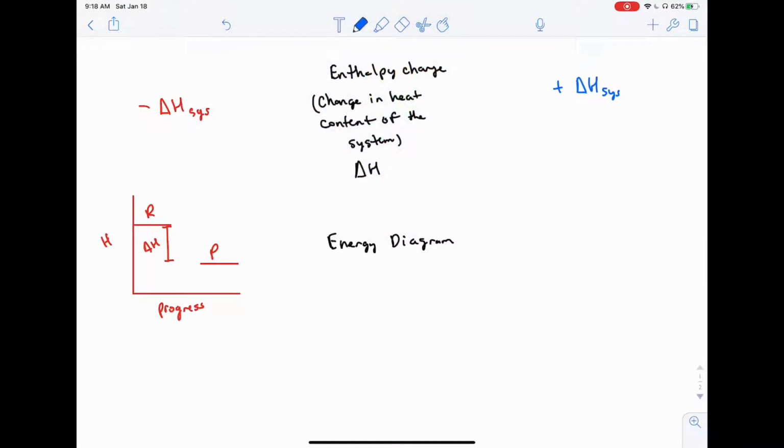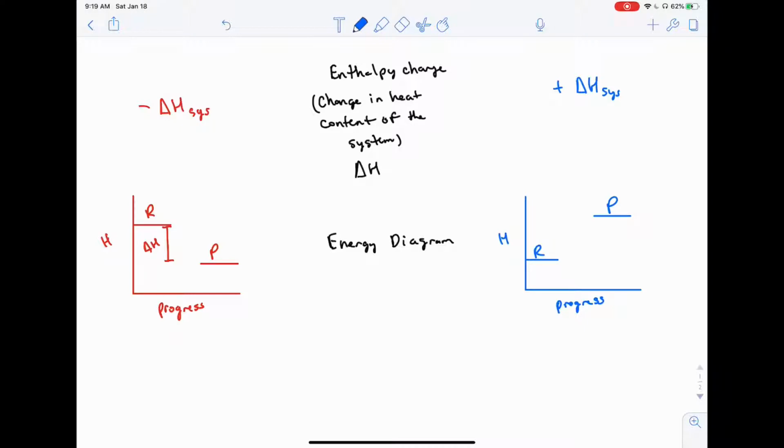And conversely, your endothermic reaction should end up with a state that is higher in energy and heat content than the original reactants. Yes? That's the heat content, or the enthalpy. Yeah.